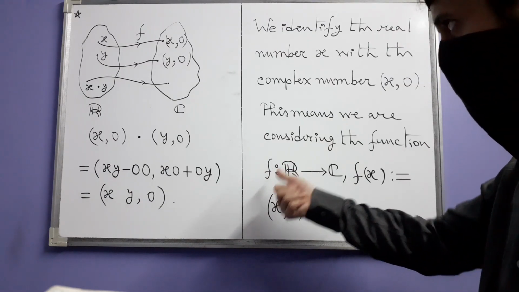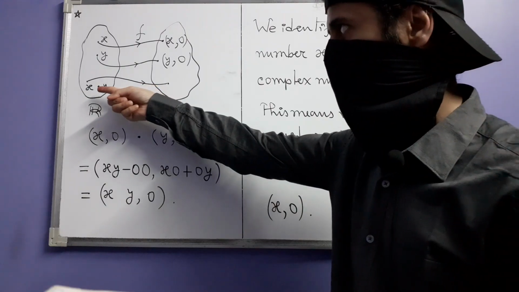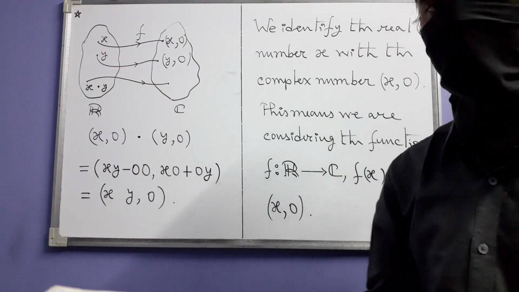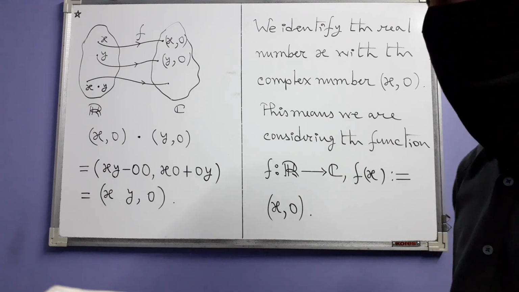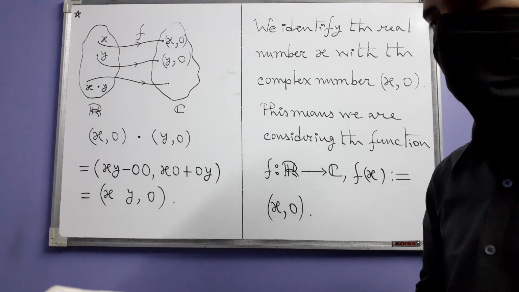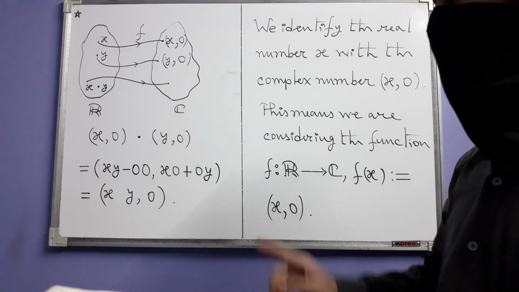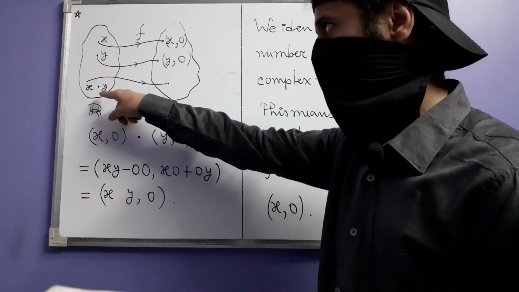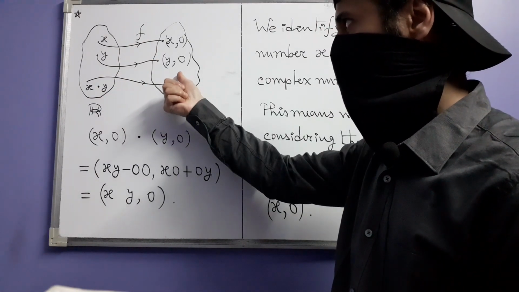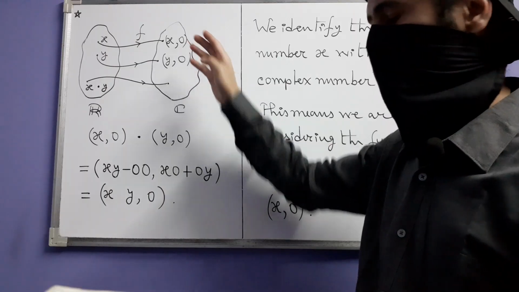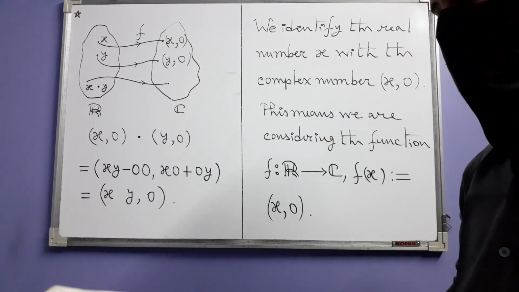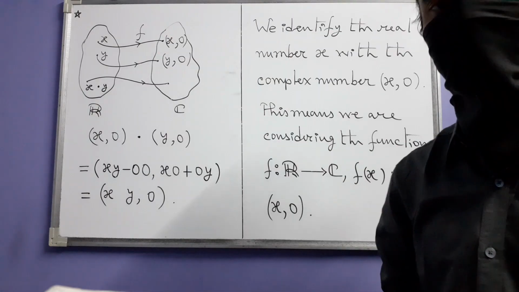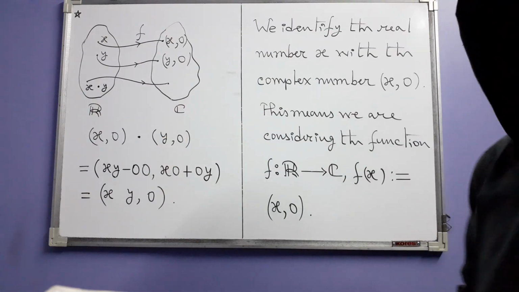So yes, we are getting x, y as the first coordinate and 0 as the second coordinate, which is what this f associates with this in the real world. So you see that no matter what you do, whether it is addition or multiplication, if you are doing it in the real world, a corresponding something is happening in the complex world which looks exactly like this one in the reflection world.